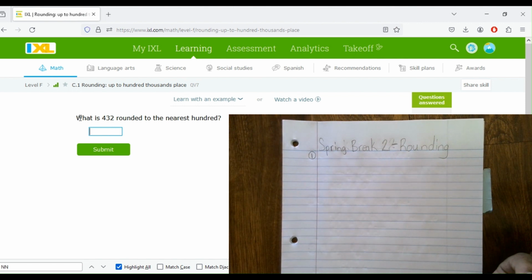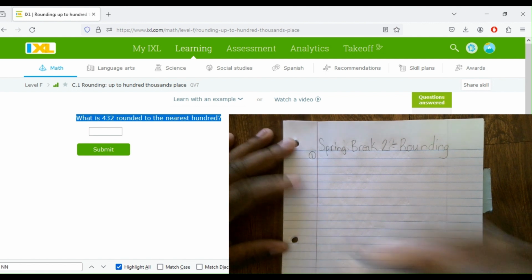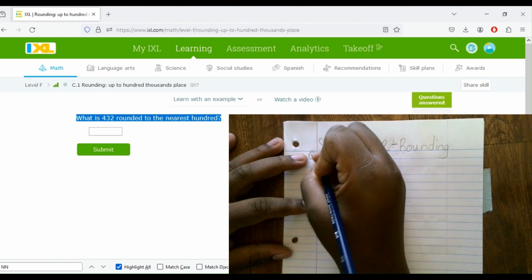Here, the actual question is, what is 432 rounded to the nearest hundred? So that's what I'm going to write.